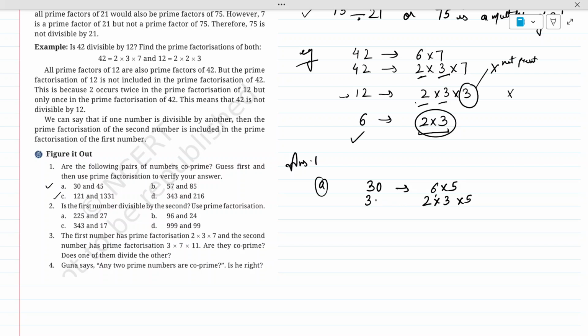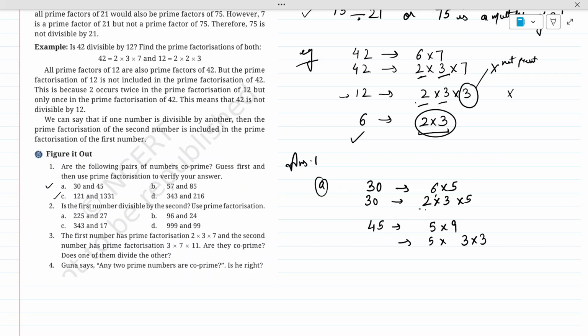So for 30, these are the factors. Now I want for 45. For 45, we have 5 into 9, right? And I can write 9 as 3 and 3, right? So if I see here, guess first and use prime factorization to verify your answer, we have to find if they are co-prime or not.